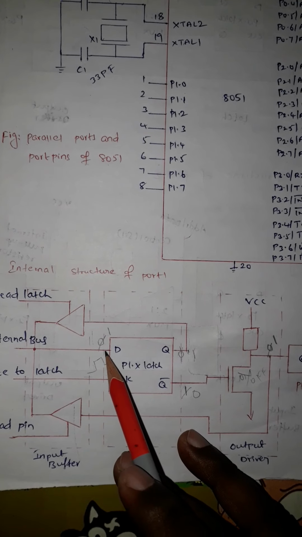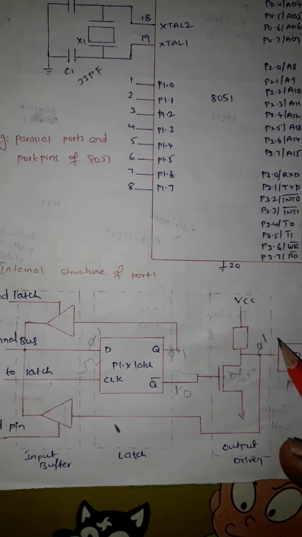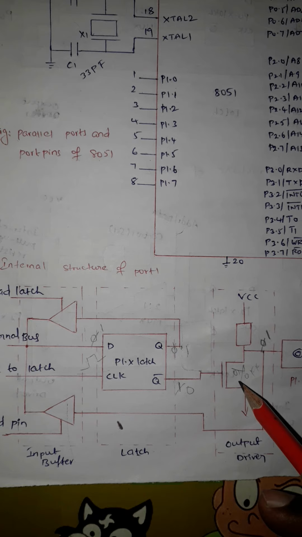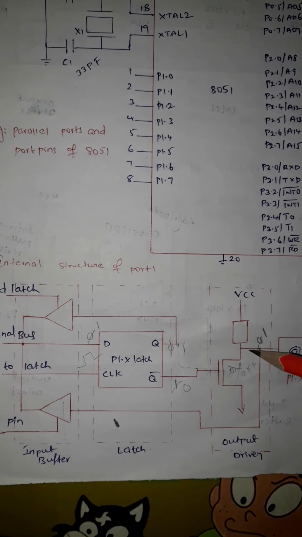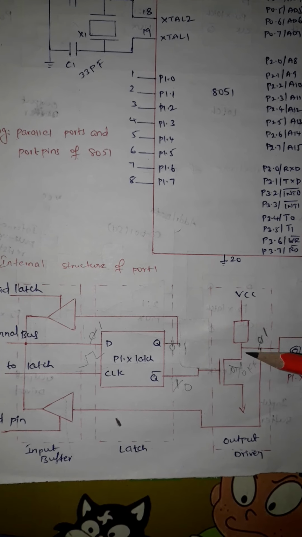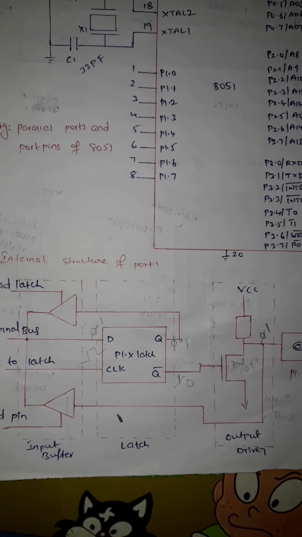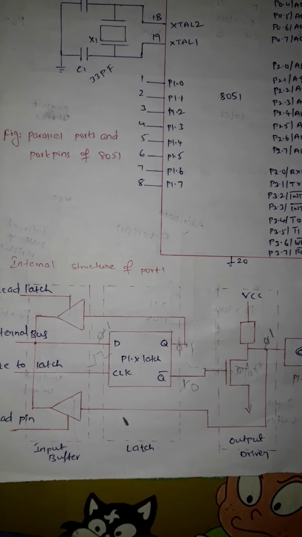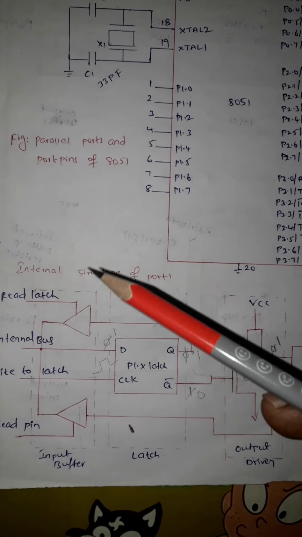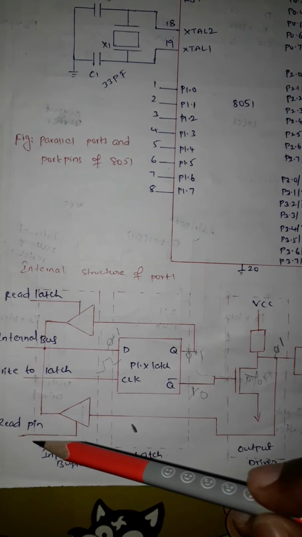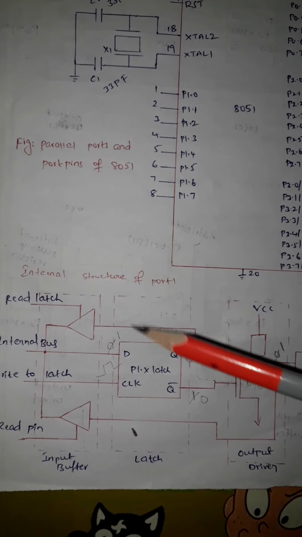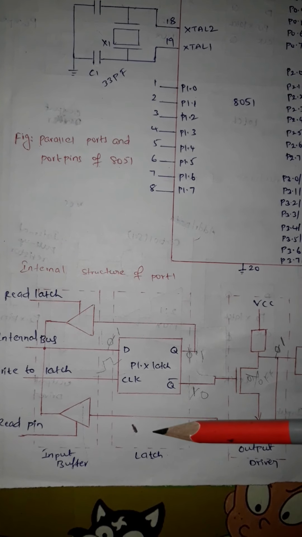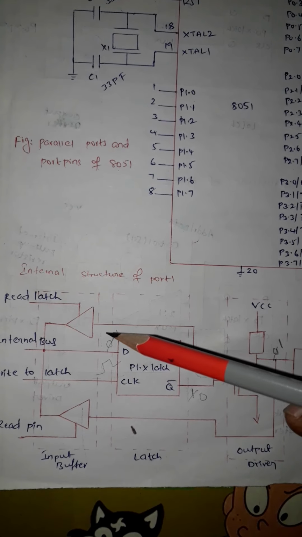When you write a value 1 to the port, then you'll have a 1 here, and the transistor is in off state and VCC is connected. Now you can read the value at the port pin. Two read operations are performed here. One is the read latch operation, another one is the read pin operation. Read latch operation is used to read the latch output.